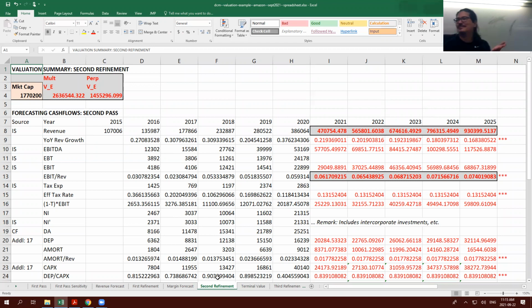So maybe that's one way. In order to get a valuation oomph by fudging revenue, the difference between what happened and what you forecasted needs to be really big.